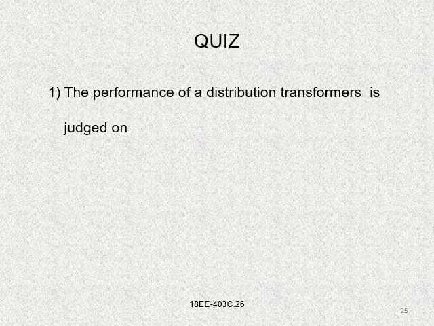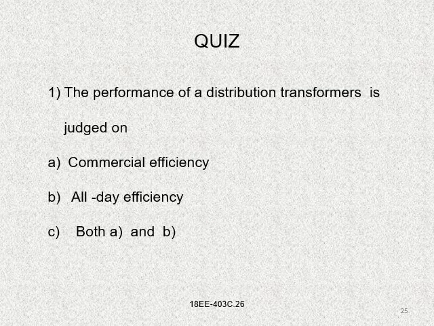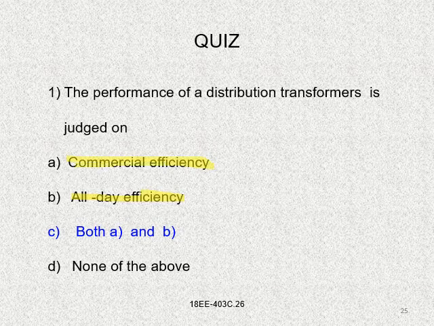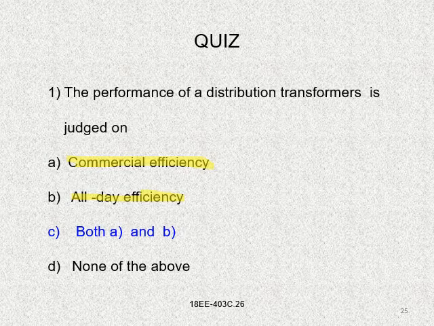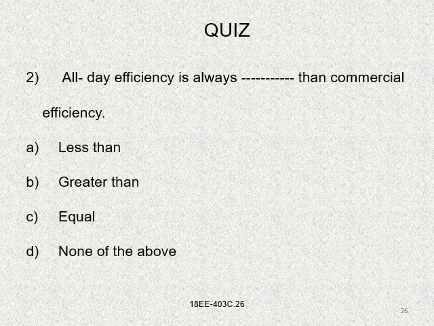There is a small quiz. The performance of a distribution transformer is judged on: commercial efficiency, all day efficiency, both A and B. The performance of a distribution transformer is judged by all day efficiency and also by commercial efficiency, so it is both A and B. All day efficiency is always dash than commercial efficiency: less than, greater than, equal, none of the above.